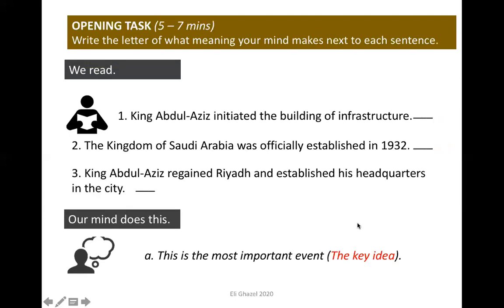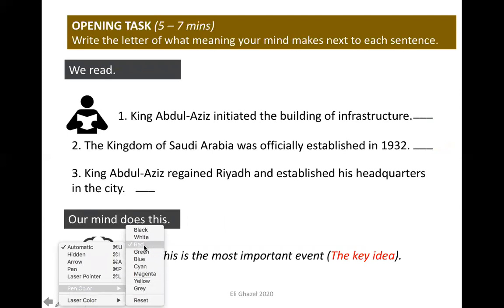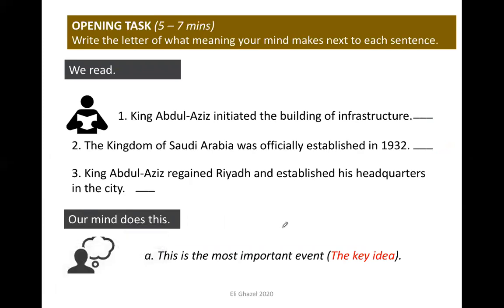The last one is, which of the three sentences is the most important event? When we say the most important event, remember, it's not your feeling. It is the most important event that started all the other events. So, King Abdulaziz initiated the building of infrastructure. The Kingdom of Saudi Arabia was officially established in 1932.